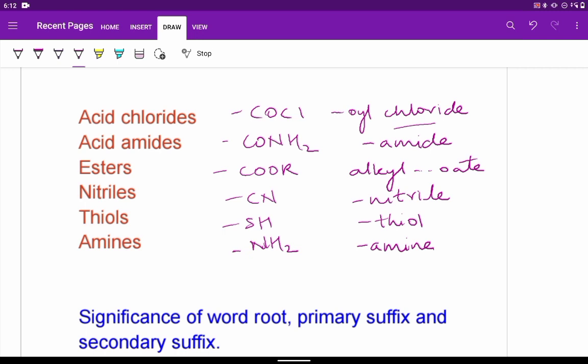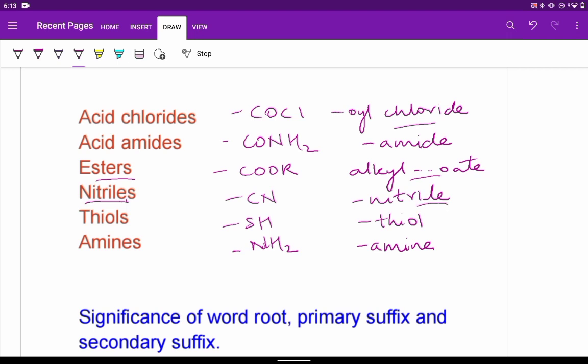Esters: COOR is the functional group for esters, and the secondary suffix is alkyl oate, like alkanoate. We will see this in detail afterwards along with examples. Nitriles: the functional group is CN and the secondary suffix will be nitrile.